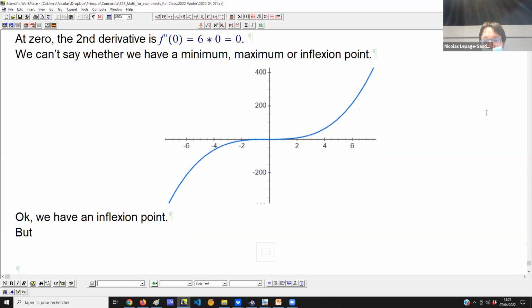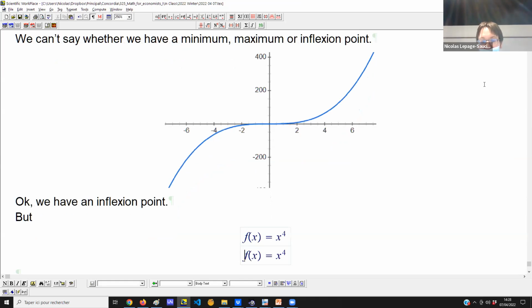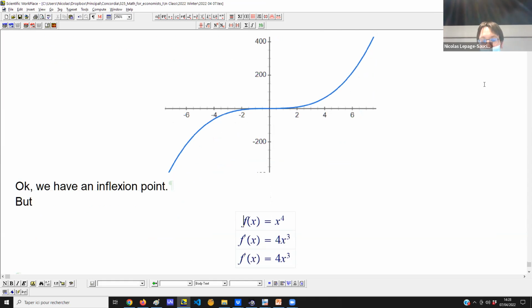But what about this other possibility? Consider f of x equals x to the 4. Then again, the first derivative at 0 is going to be 0. So it looks like we have a maximum or a minimum. Second derivative, we find 12x squared.